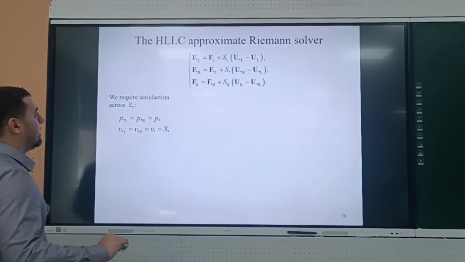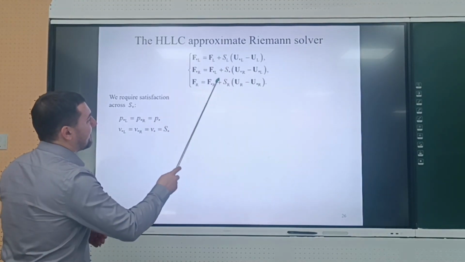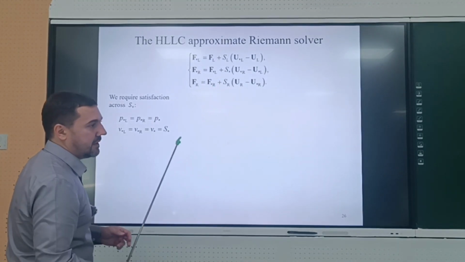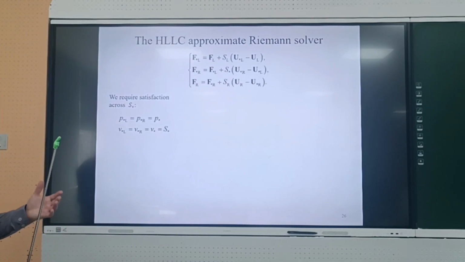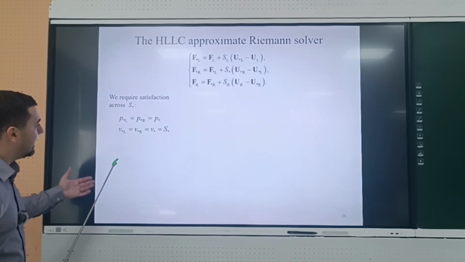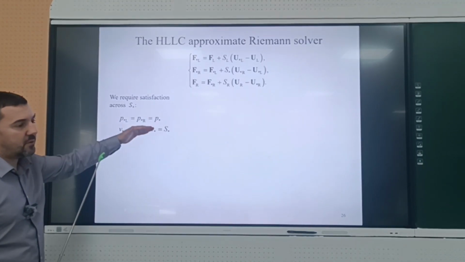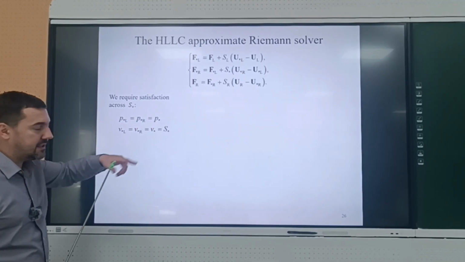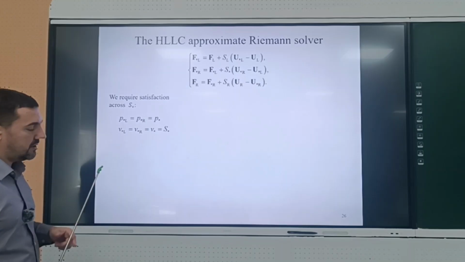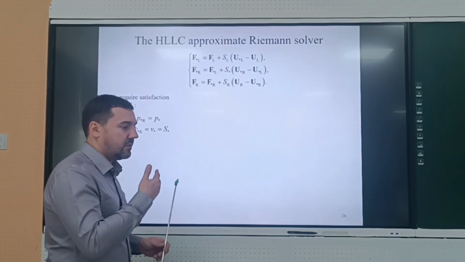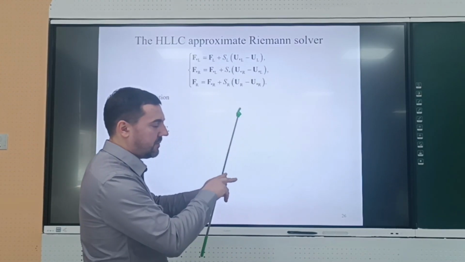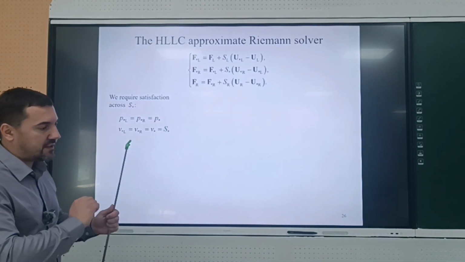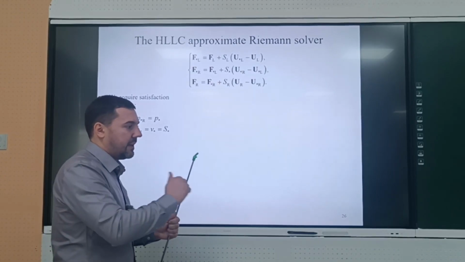For sure, S star is the velocity of the contact discontinuity. As soon as it's a contact discontinuity, it means that the pressure should be continuous across the discontinuity, and velocity should be continuous. I'd like to remind you that when we analyzed jump conditions, we discussed that there are two types of jump conditions: with mass flow through this jump and without.